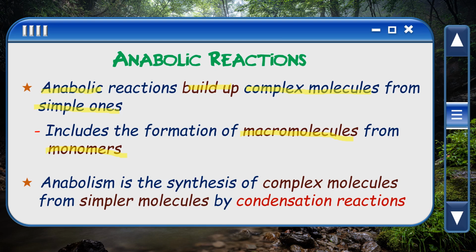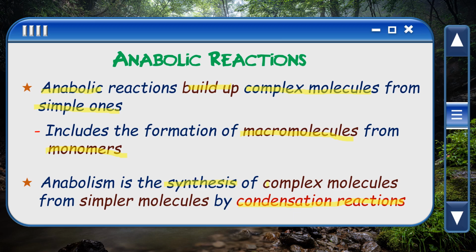Anabolism is the synthesis of complex molecules from simpler molecules by condensation reaction. What we are calling the condensation reaction is a reaction which involves the release of water. So if we are synthesizing, it means we are building up. And what are we building up?